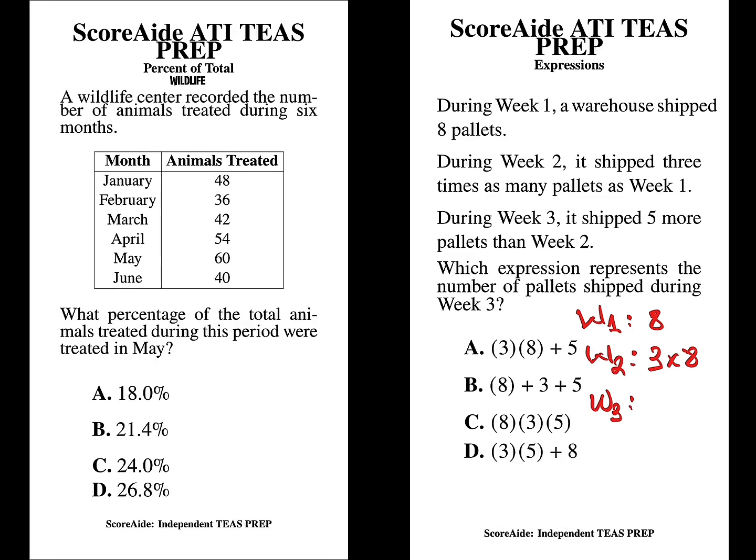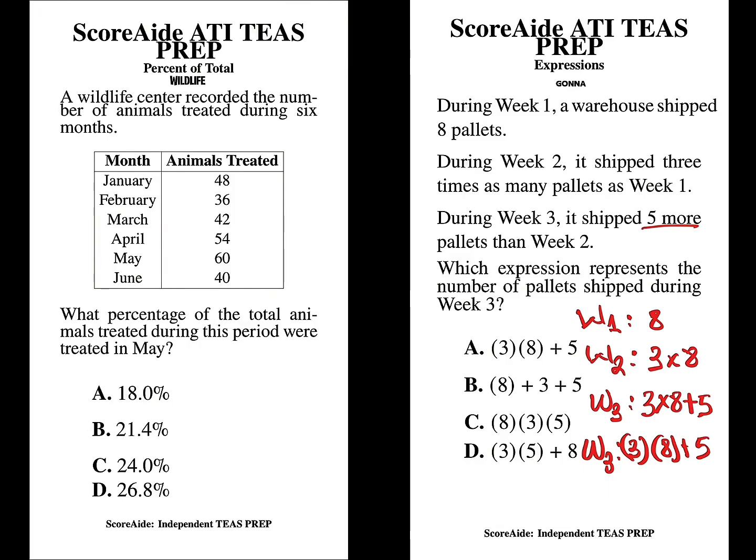What about week 3? They said 5 more. So 5 more is addition. So it's going to be 3 times 8 plus 5, right? So that expression is going to be, so week 3 is going to be what? 3 times 8 plus 5, if you want to put it in that order.